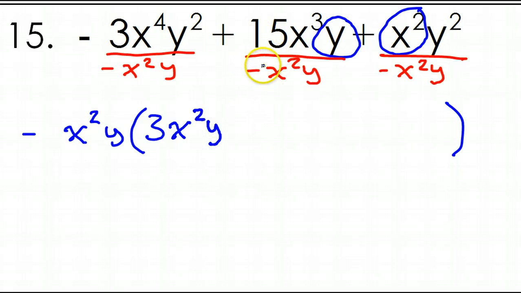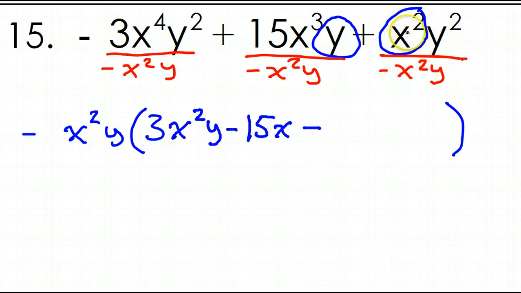Okay, so 15 divided by negative 1 is negative 15. These two x's cancel out two of these x's, and that leaves one x. These two y's cancel out totally, so there will be no y's. Okay, a positive divided by a negative is a negative.